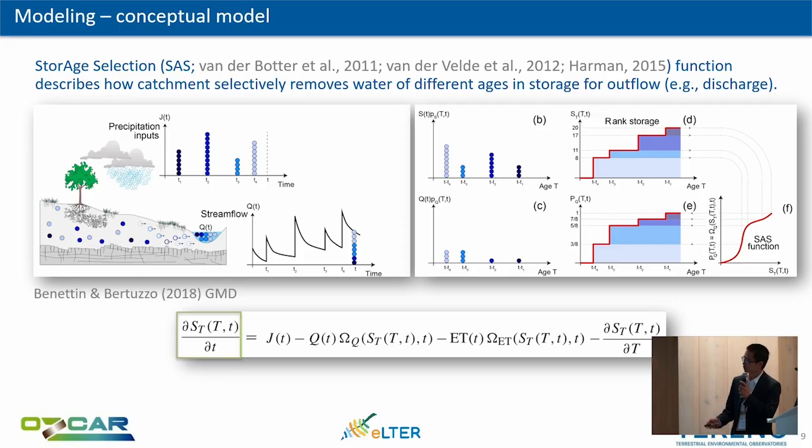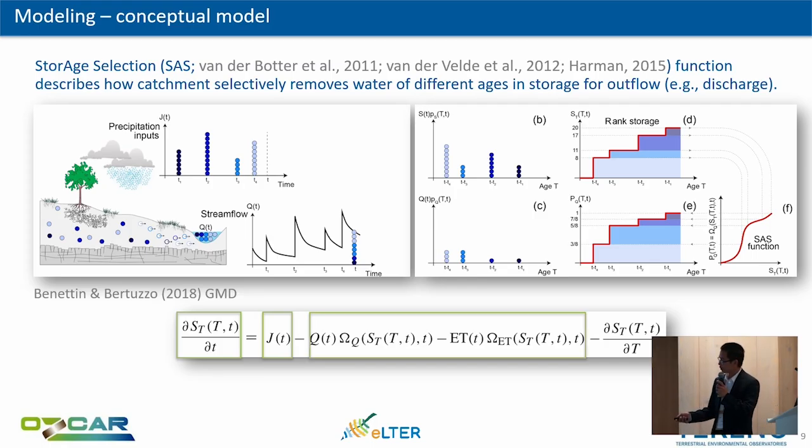For example, here it shows that the changes of water and its age in storage with time are due to the inflow, for example, precipitation, and outflows, for example, streamflow and evapotranspiration, and also the aging of water itself. And this is the SAS function.